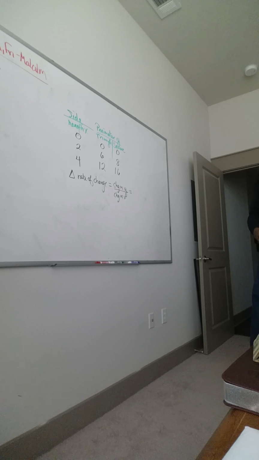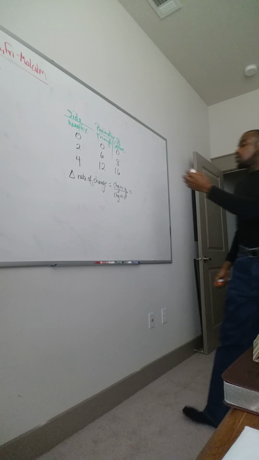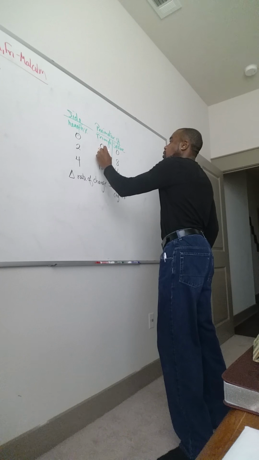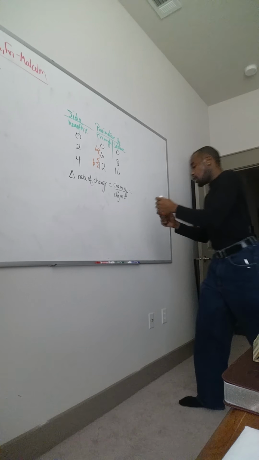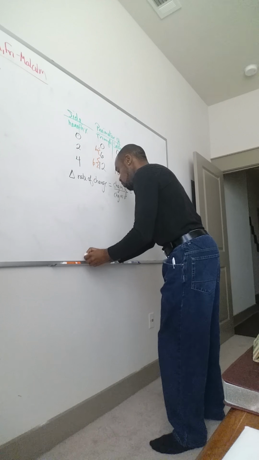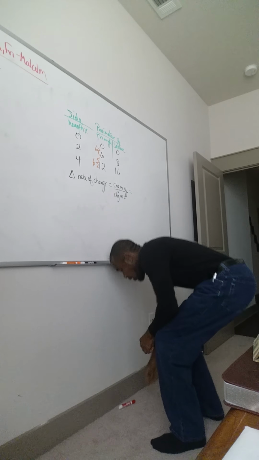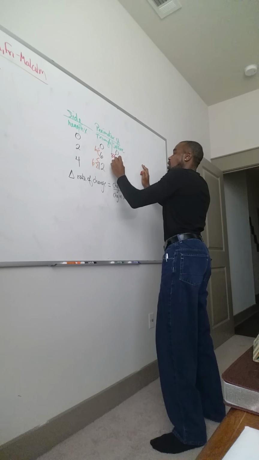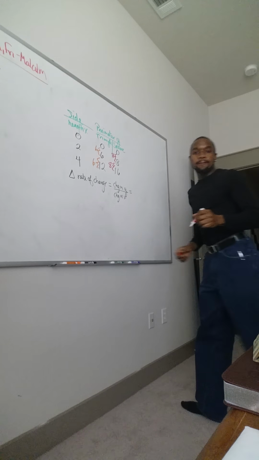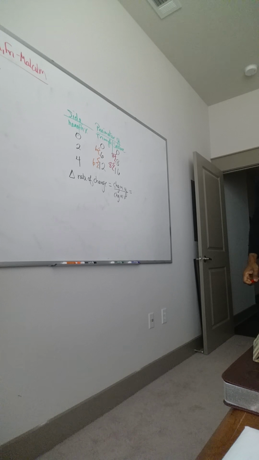And then 6 to 12 is 6 units. Change in x is 8. So on the other side, 0 to 8 is 8 units, and then 8 to 16 is 8 units, right? Does that make sense so far?